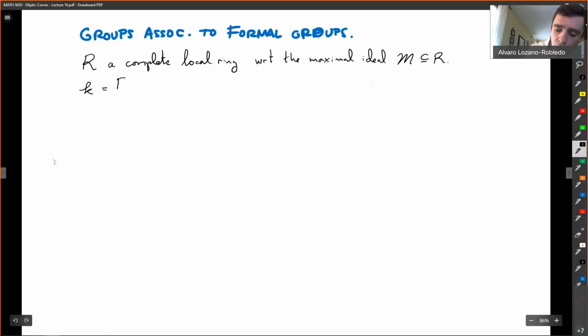So R modulo M is called the residue field.